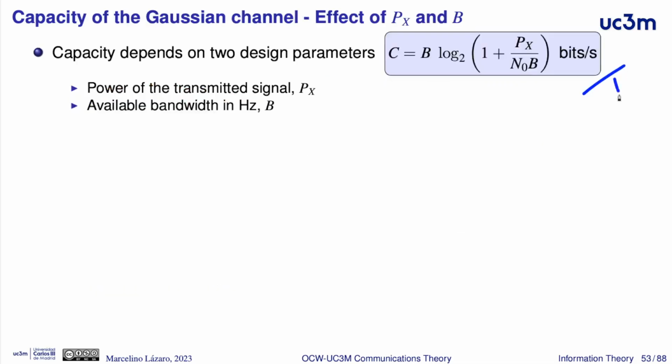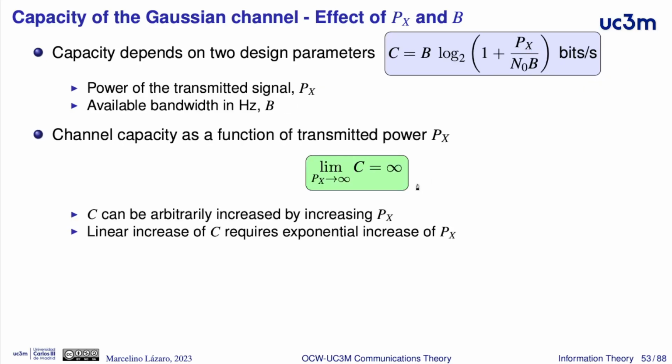If we analyze this expression, we have two parameters, the signal power and the bandwidth. If we consider the dependence with respect to the signal power, we can see that there is a power inside of the logarithm. The logarithm is a monotonic increasing function, and this means that it is possible to increase arbitrarily the channel capacity by increasing the signal power.